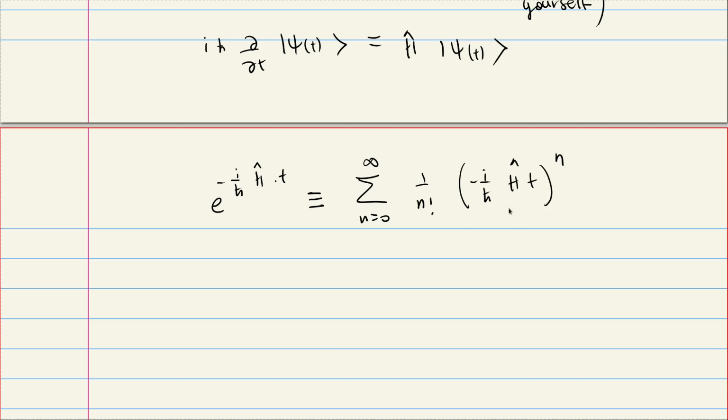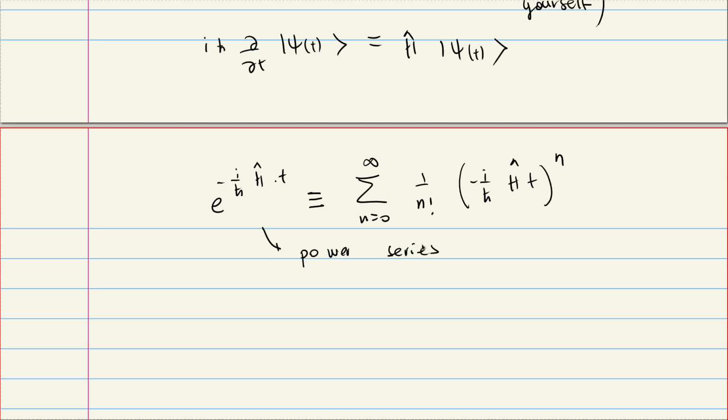And you can see to get the full time evolution, I need to apply H infinitely many times. In the lowest order I have one power, in the second two powers, three powers. So this is what we call a power series.